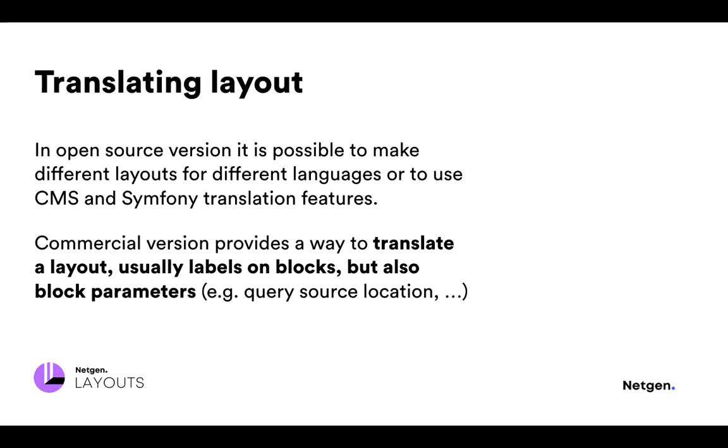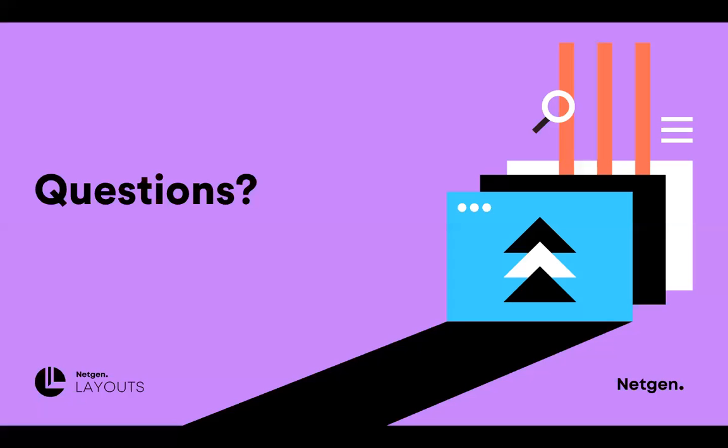For example, you can create a block showing different products based on a different language. That might be useful. And those were the commercial features. I've wrapped up everything that I wanted in 30 minutes.